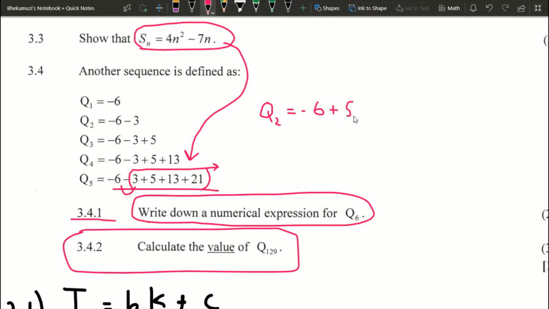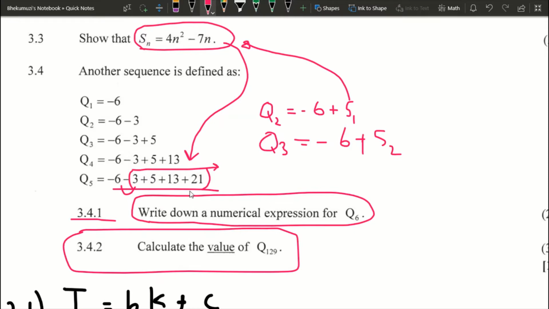S1. And this S1 is from this formula. So if you put 1 in the place of n, you would find that it's negative 3. And so on and so forth. So if it's Q3, then it is minus 6 plus S2, right? It's Q3. And so on and so forth.